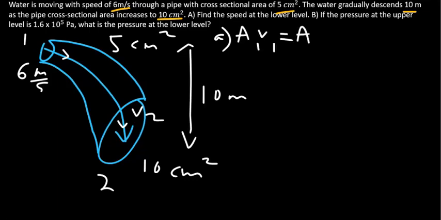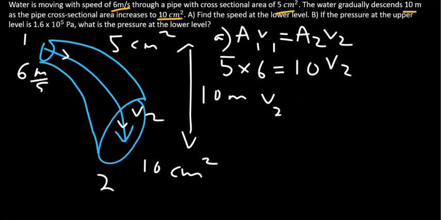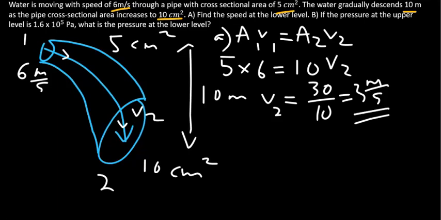A1V1 equals A2V2. The cross-sectional area at point 1 is 5 cm squared. The speed is 6. At point 2, the cross-sectional area is 10 cm squared, and the speed we don't know. So your speed at that point is 30 over 10, which is 3 meters per second.